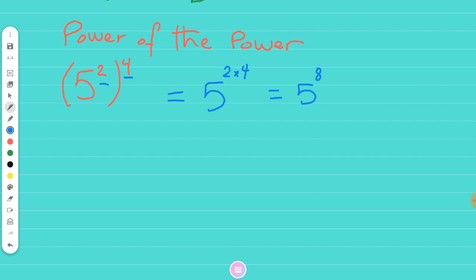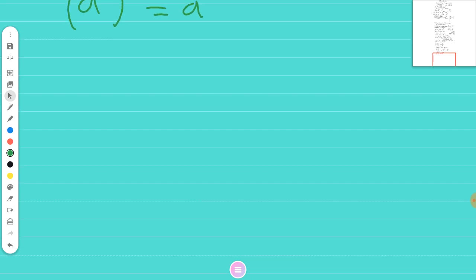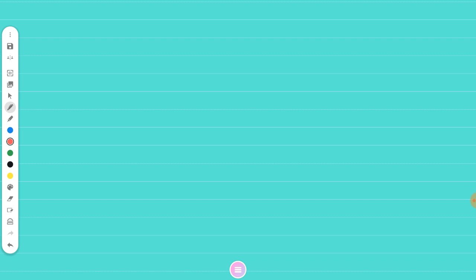And the last one for today's lesson. In the general form, if I have A to the power N, all to the power M, I can multiply M by N, so it's A to the power N times M. And that's it. Today we have studied the following. First, multiplying the same base, what should we do with the powers?